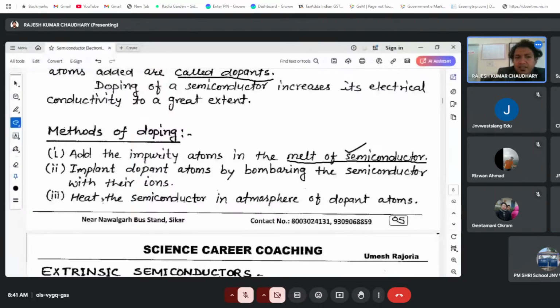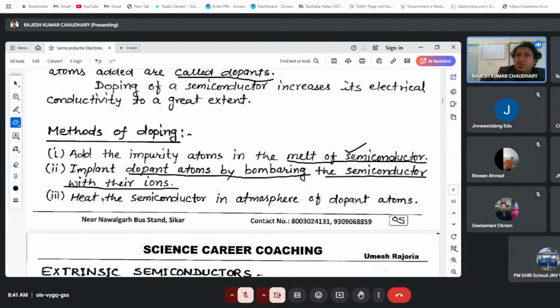Then another method is what? Dopant atoms should be given very high speed. Bombarding means you have to give very high energy to the dopants so that the dopants can stick or connect with the ions of the intrinsic semiconductor.